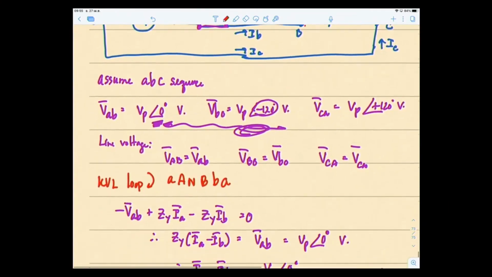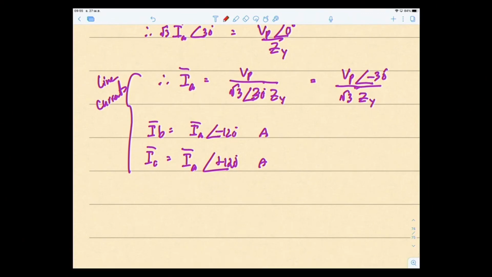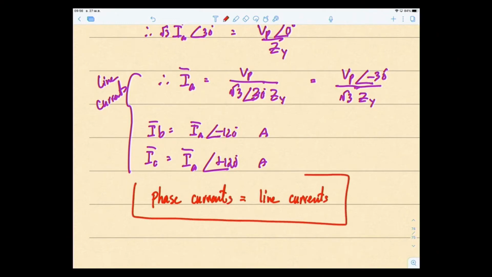So therefore we can conclude that your phase current is equal to line current. So these are the conclusions for the delta Y connections.